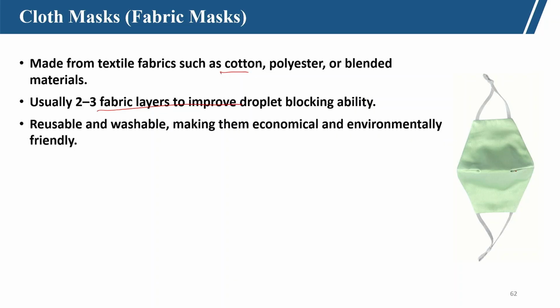These masks are reusable and washable, making them economical and environmentally friendly. If we dispose of this type of non-degradable material, it will load the environment and environmental pollution will increase.